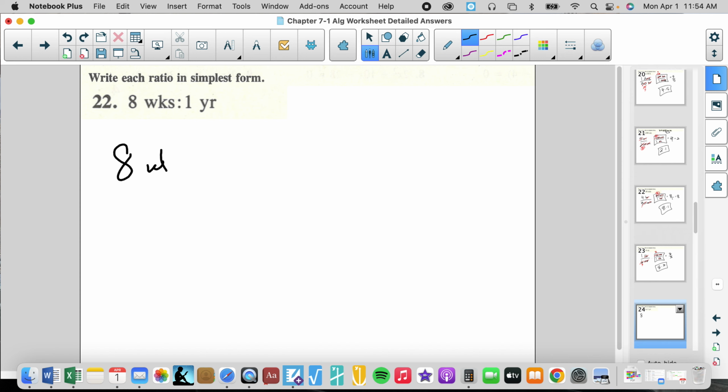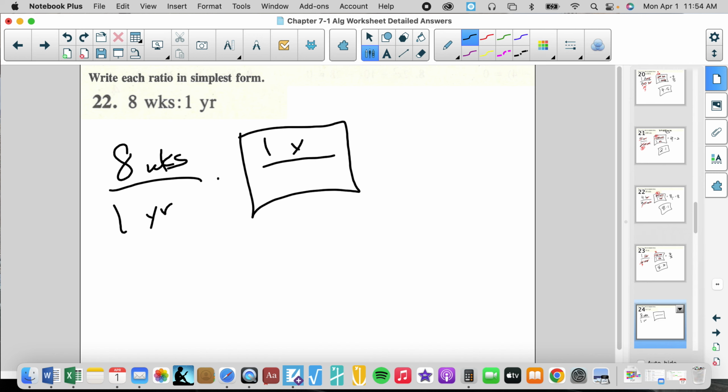8 weeks, 1 year. Ooh, 8 weeks to 1 year is fine. We have 1 year, and we have 52 weeks in a year. Doesn't seem like a lot when you think about it. 52 is kind of small. 4 goes in both of those two. 8, does 8 go in?